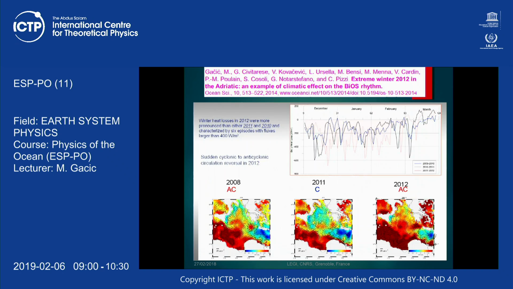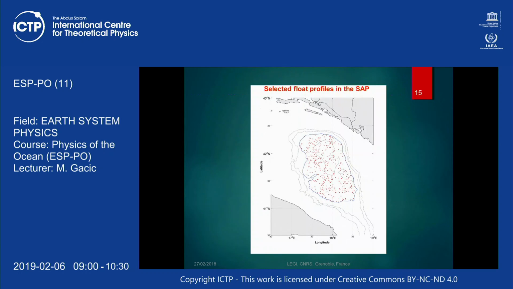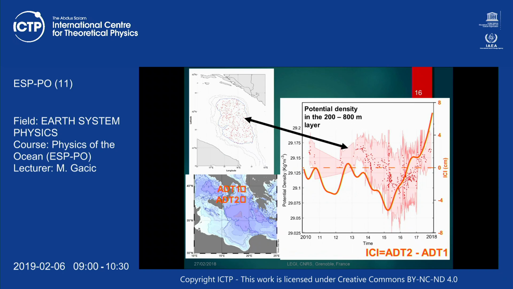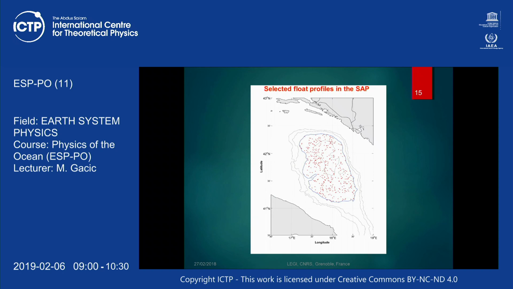So we have done another thing, using all the floats which have been present in the southern Adriatic, this is the deepest part of the Adriatic, and we have been looking at the floats in order to find out the temperature and salinity data from the floats, and density.